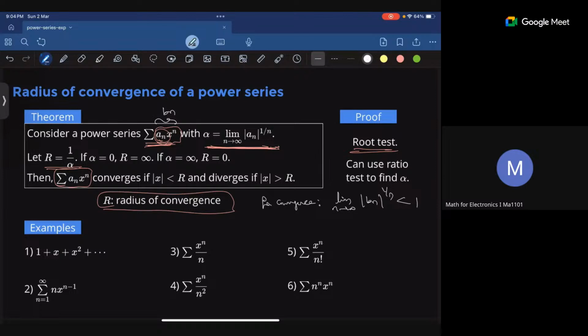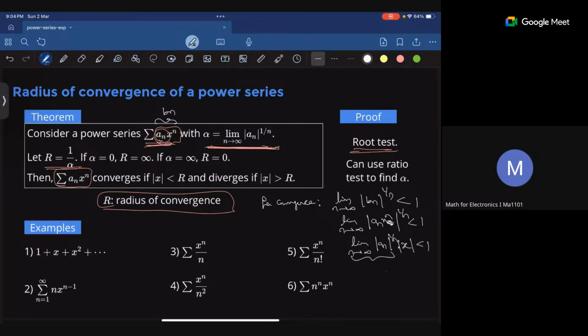Now what is b_n? b_n is a_n x^n. So limit n tends to infinity of mod a_n x^n whole power 1 by n less than 1. You can rewrite this as limit n tends to infinity of mod a_n whole power 1 by n, and x^n power 1 by n will simply become mod x, less than 1.